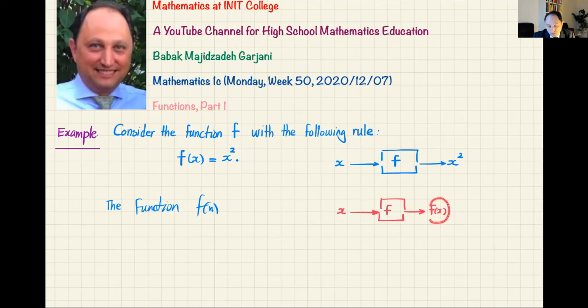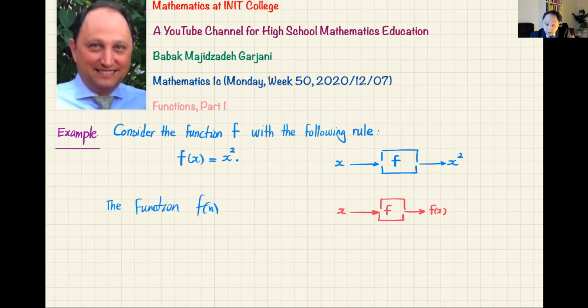F of x plays the role of the minced meat. X plays the role of the blocks of meat. F itself, which is your function, is the mincer. I hope you understand that you cannot say f of x is the same as f. F of x is your product.